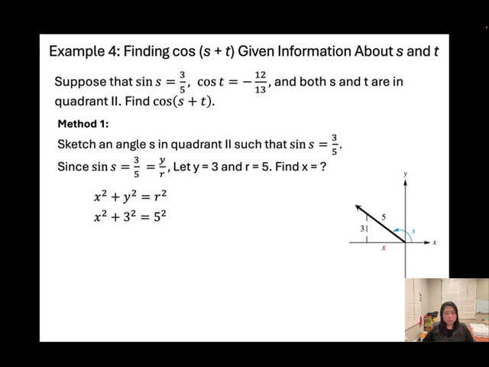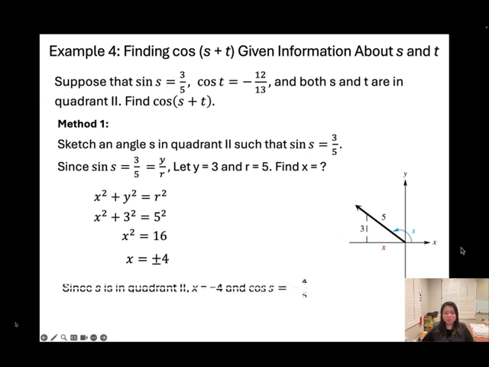You should get x equal to plus or minus 4. Since x is in quadrant 2, x should be negative. And then we could find what cosine S is. Cosine S will be adjacent over hypotenuse, so negative 4 over 5.